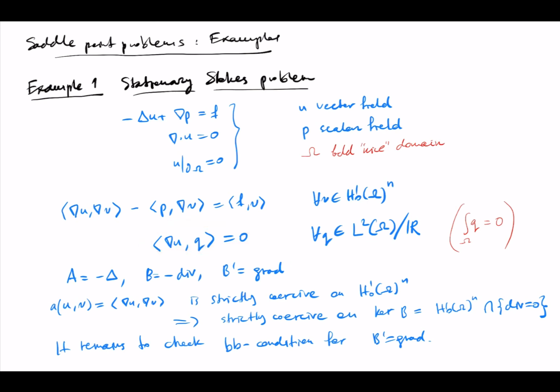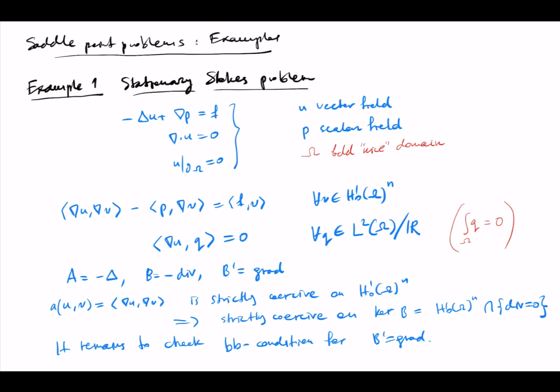Now, if we want to compare this to the general framework that we saw in the last lesson, the operator A is going to be the minus Laplacian, that would correspond to this term here, and B is minus divergence, which corresponds to this term, and B prime is the gradient, so that would correspond to that term.